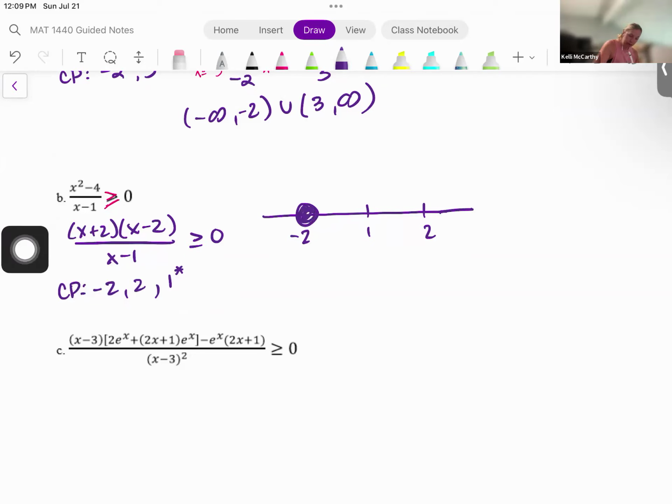So we're going to fill that circle in. 1 we're going to keep open because it's a restricted value. We're never going to include it. And 2, since this was a 0 of the numerator in an inclusive inequality, we're going to fill that in. Our test points: x equals negative 3, x equals 0, x equals 1.5, and x equals 3.